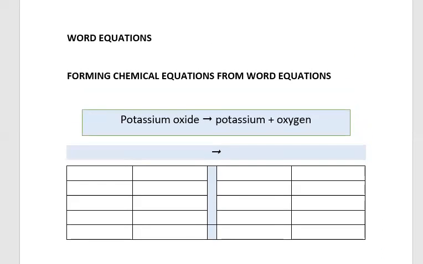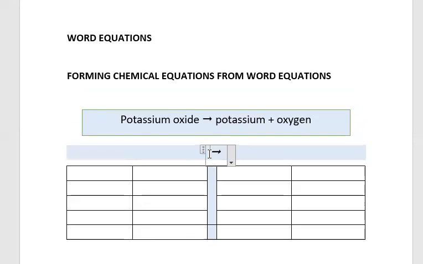Okay, so with regard to word equations, this is how it's going to work. Before, I gave you chemical equations as symbols, and you needed to balance those equations and create word equations from them. But we're going to use a different approach this time.